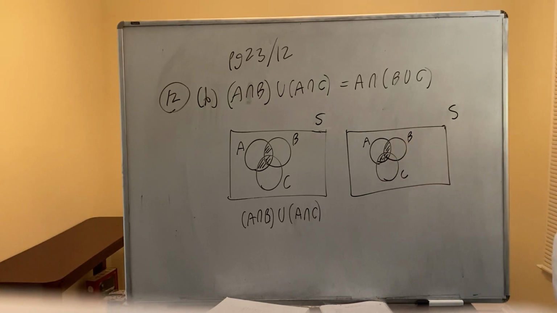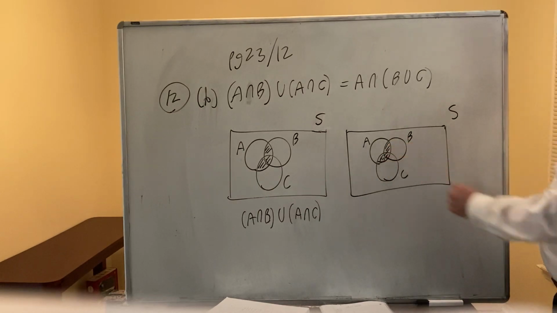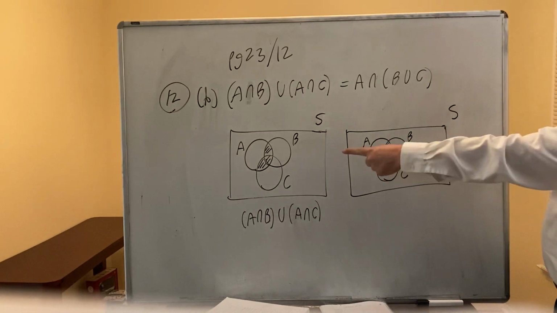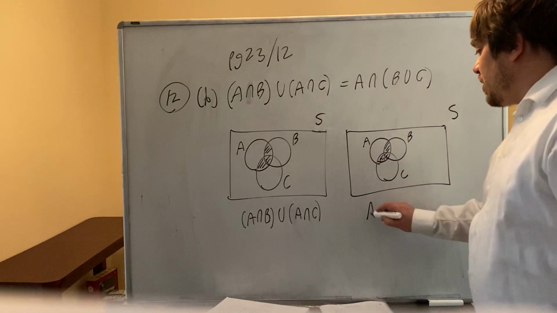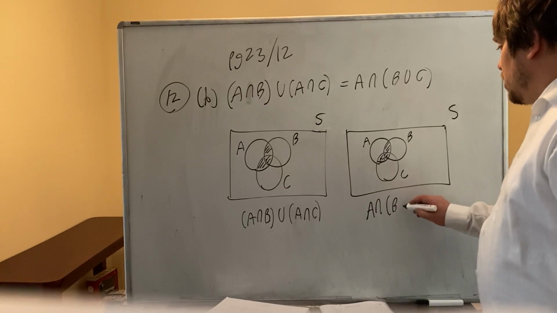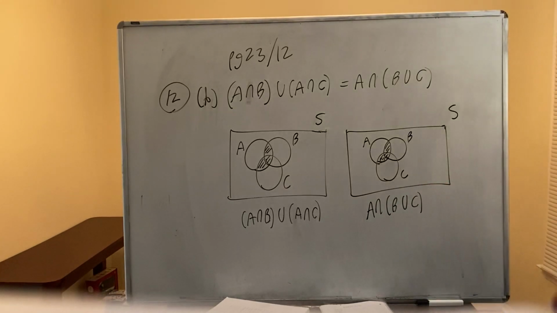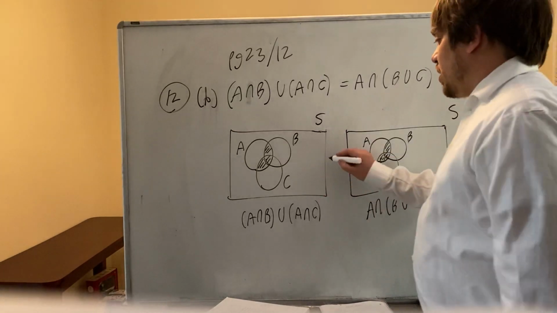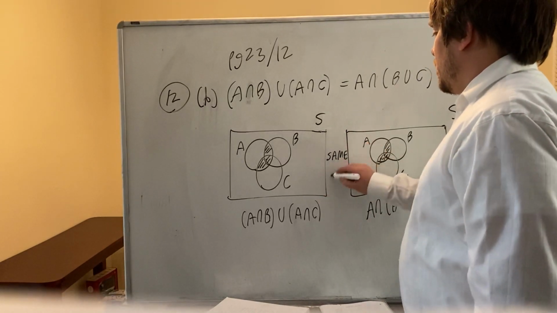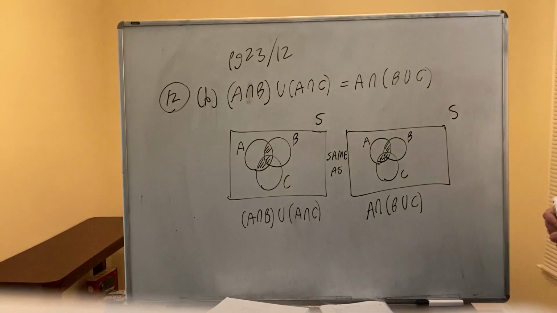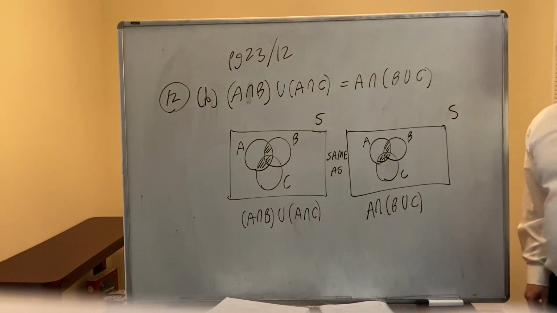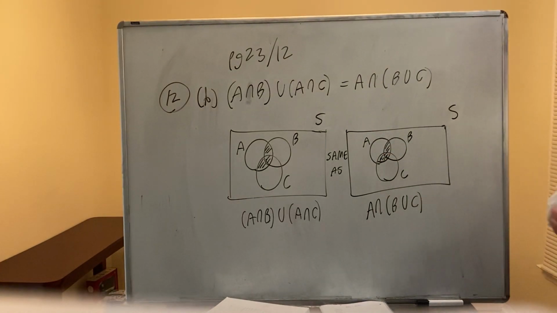This is the region in B union C that's also in A. It's the same as that picture. So this is the Venn diagram for A intersection (B union C). And this Venn diagram is the same as that Venn diagram. And so that verifies that these two sets are equal using Venn diagrams.